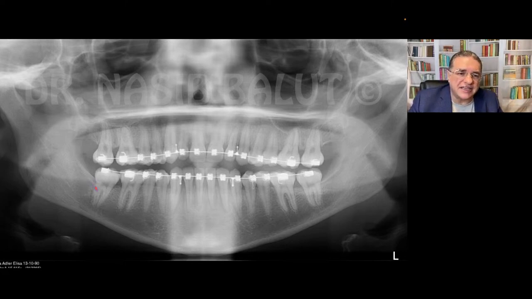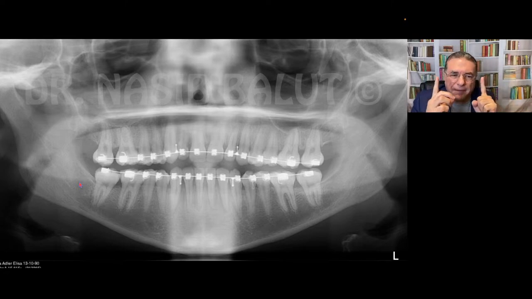Also, the CBCT is going to help me to see the amount of distalization that I can get. We measure from the distal root of the second molar to the lingual cortical bone of the mandible.